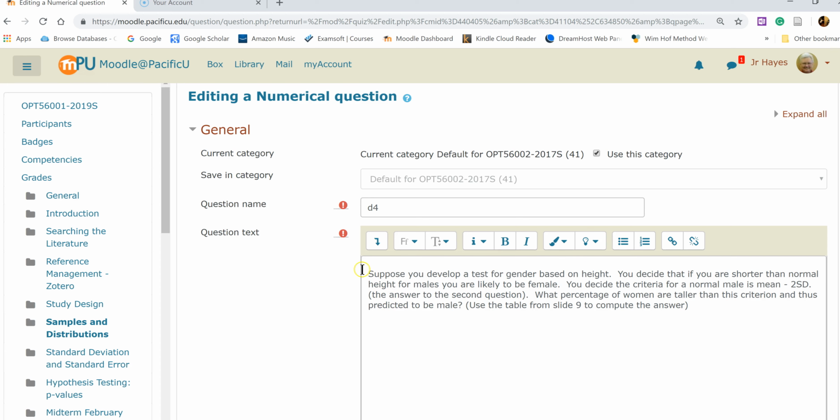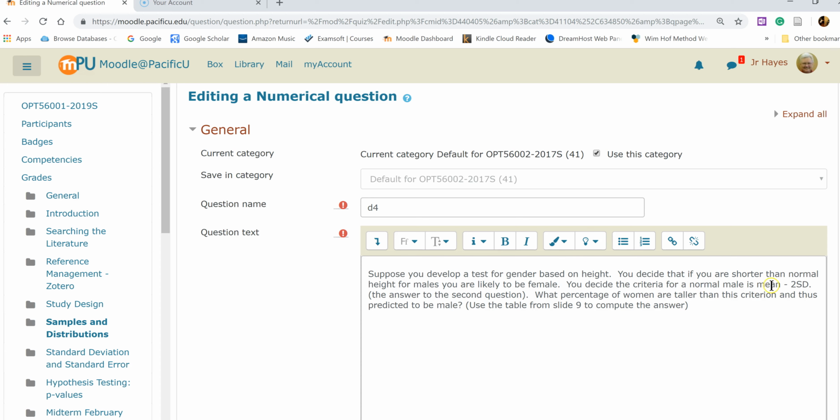So the question is, suppose you develop a test for gender based on height. You decide that if you are shorter than normal height for males, you are likely to be female. You decide the criteria for a normal male is mean minus 2 standard deviations.